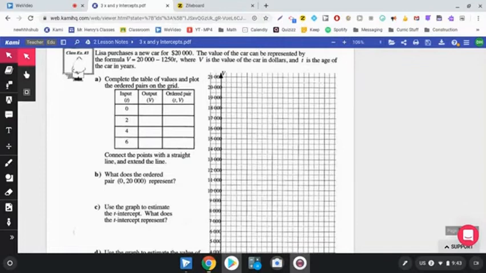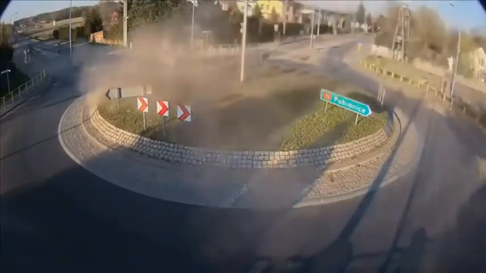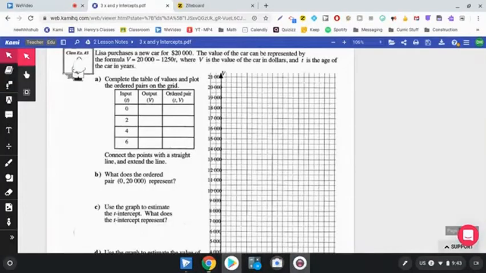So Lisa buys this car, drives it off the lot, and the moment after that, it starts to lose value. Right? It doesn't stay at 20,000 forever. It says we're going by years, but realistically, it could go by month even. But by the year, the price is going to go down and down and down. Okay. So it says, complete the table of values and plot the ordered pairs on the grid.